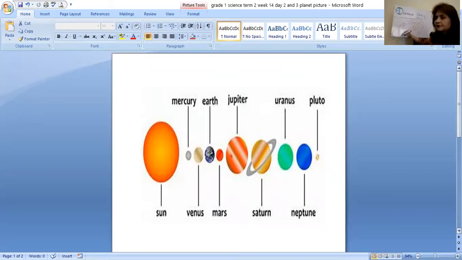Mercury. Done? Then you will write Venus. Then you will write Earth. After Earth, you will write Mars. After Mars, Jupiter.